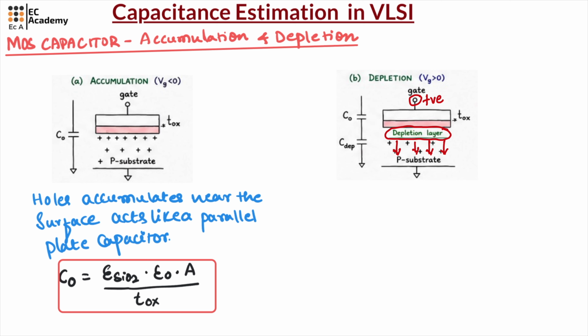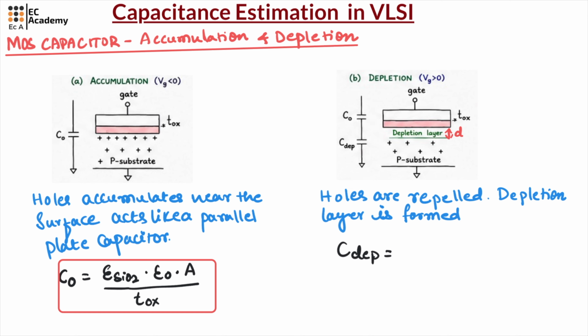As you can see here, if we apply positive voltage across the gate, the positive holes will be pushed away from the surface and it will form the depletion layer. And this depletion layer will have a thickness of D. So, holes are repelled and the depletion layer is formed.